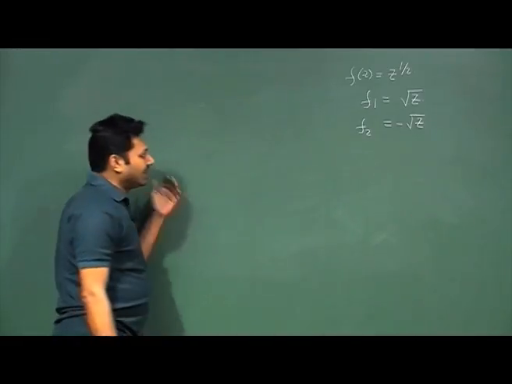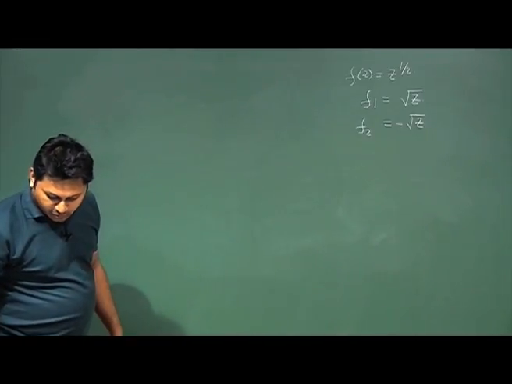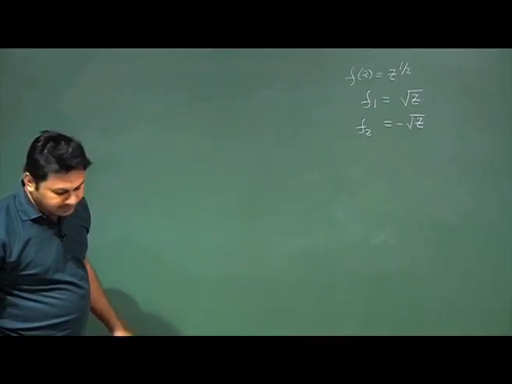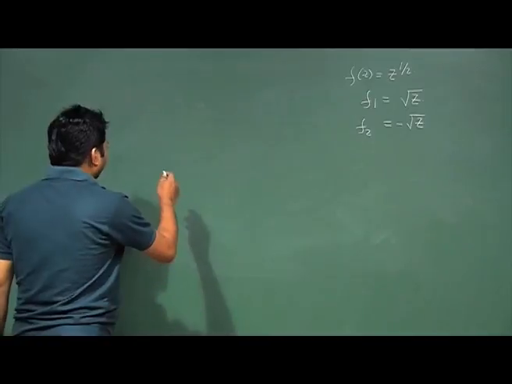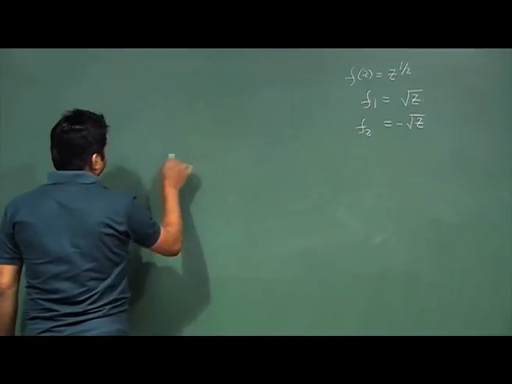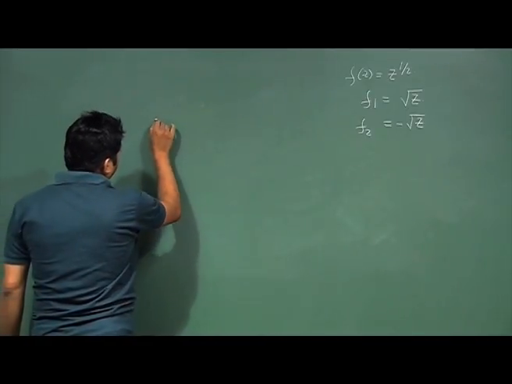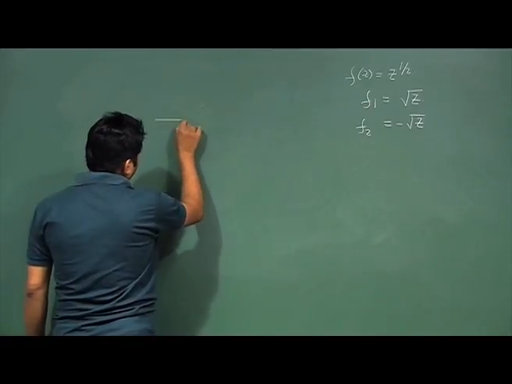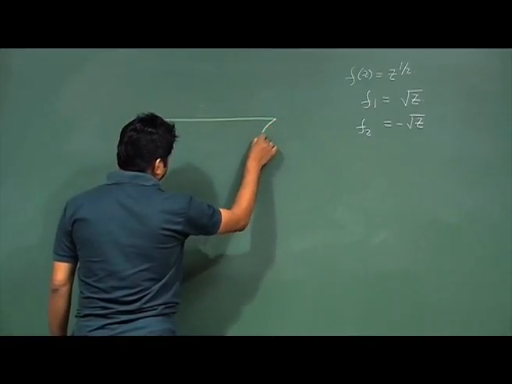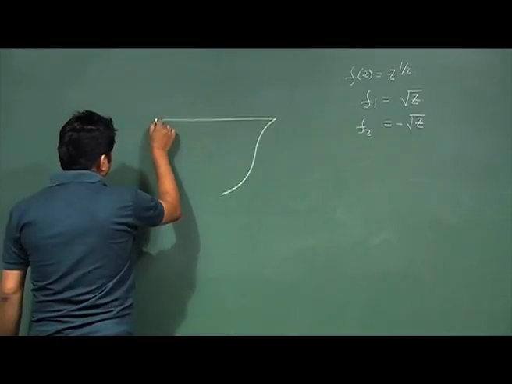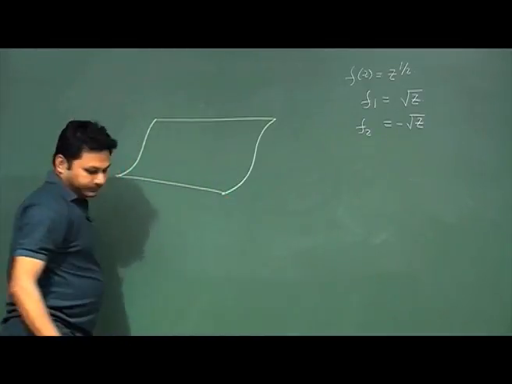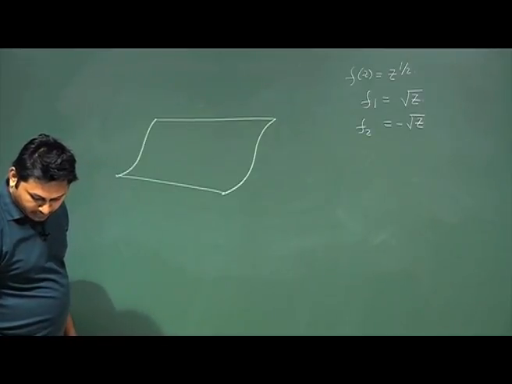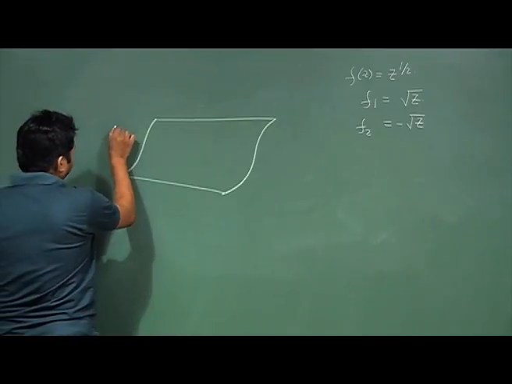So, how do I realize that? Again, I can draw very interesting sheets, since it is a multi-valued function. I can draw two sheets. Let me first draw these sheets, then I will explain how things are going on. So, say this is one, and another sheet may be here.